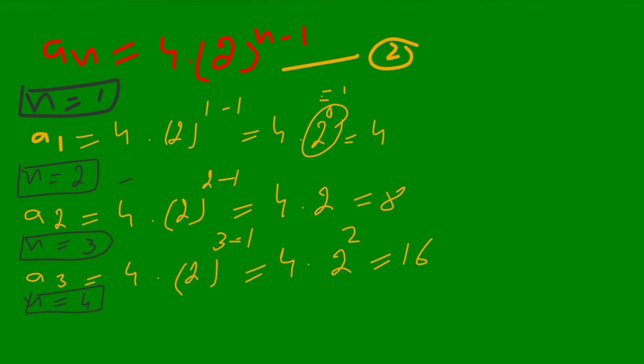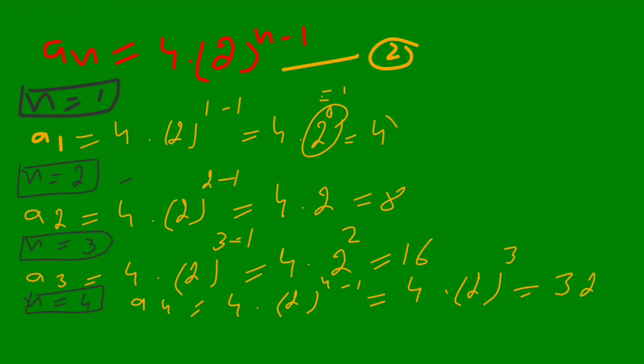A4 is equal to 4 multiplied by 2 raised to the power 4 minus 1, exponent 3. 2 raised to the power 3 is 8, and 8 multiplied by 4 is 32.